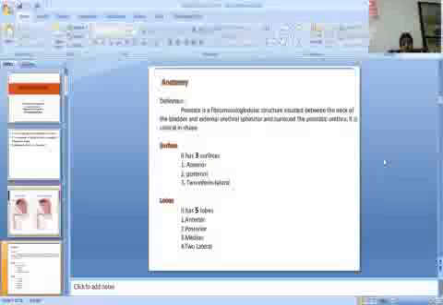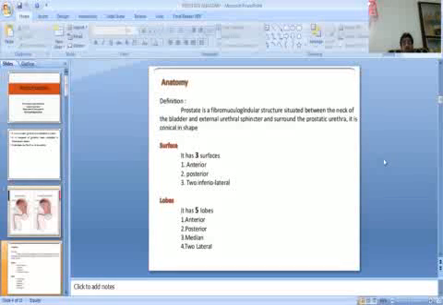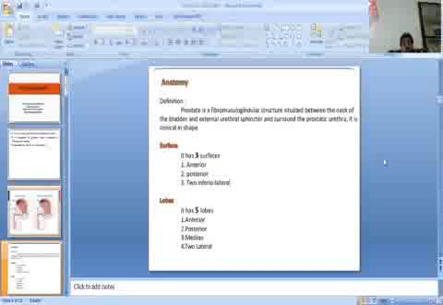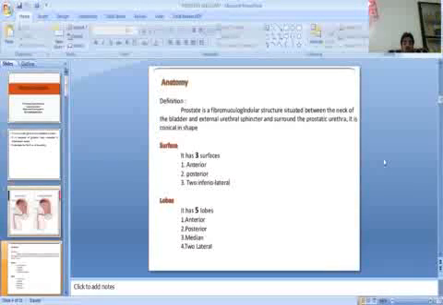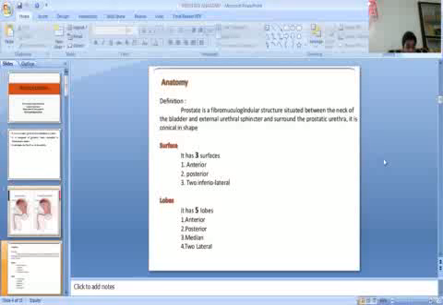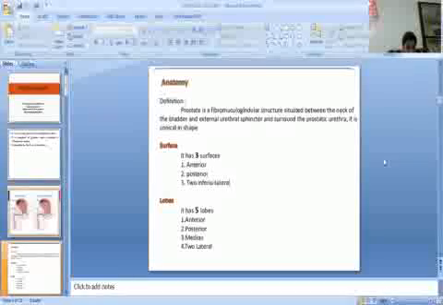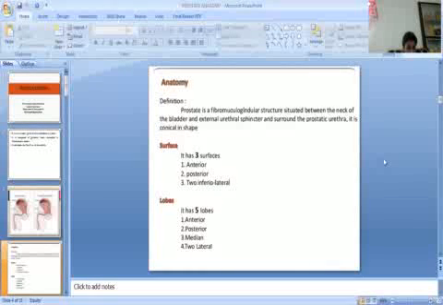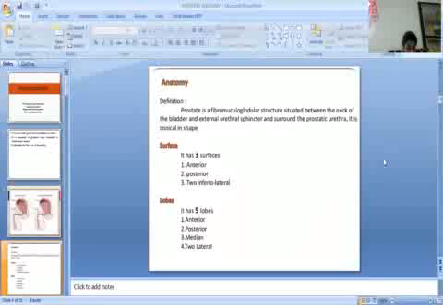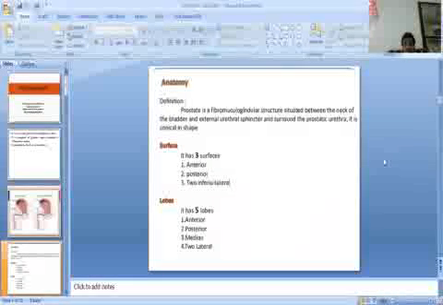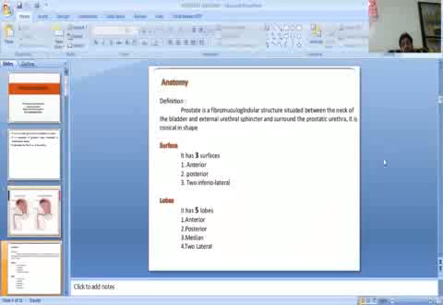The prostate gland has 3 surfaces: anterior, posterior, and 2 inferolateral surfaces. The prostate gland has 5 lobes: anterior, posterior, median, and 2 lateral lobes.